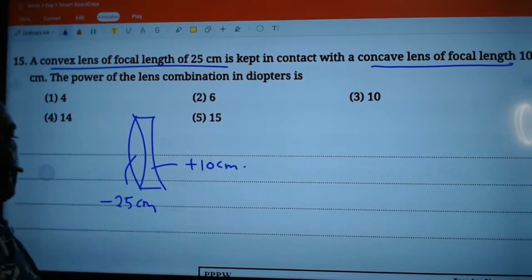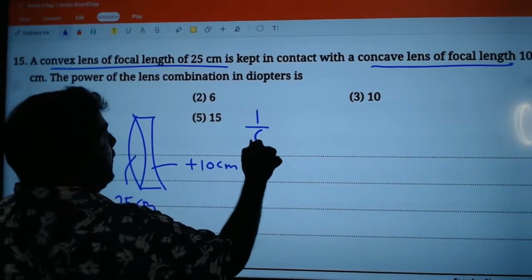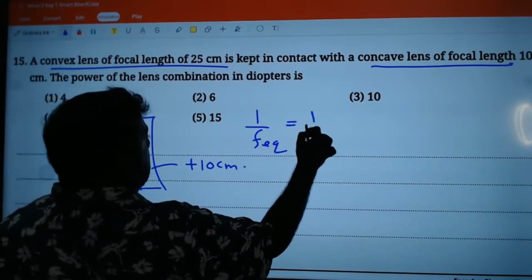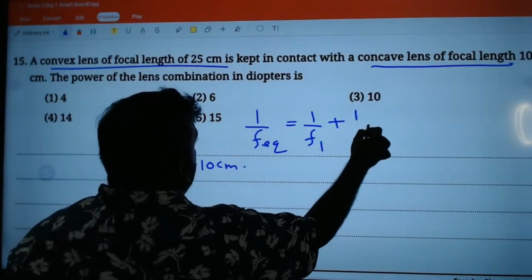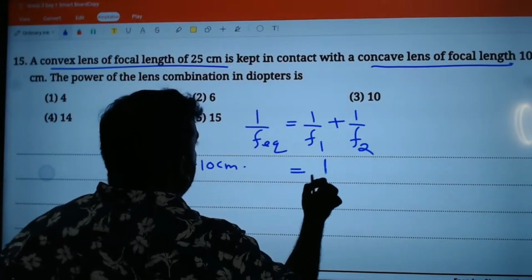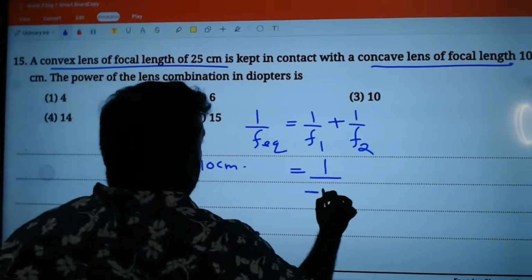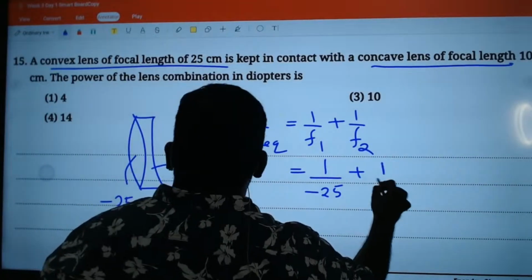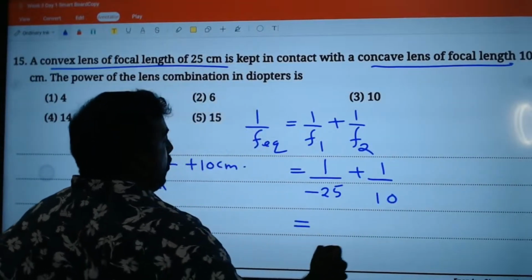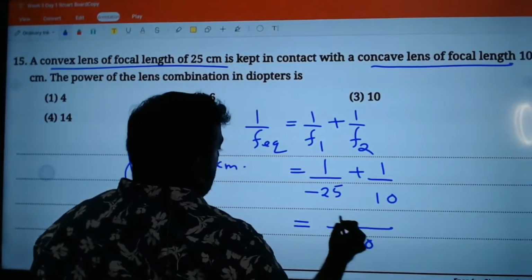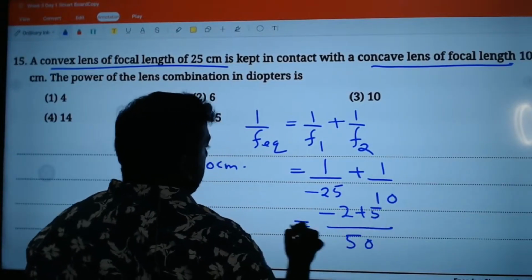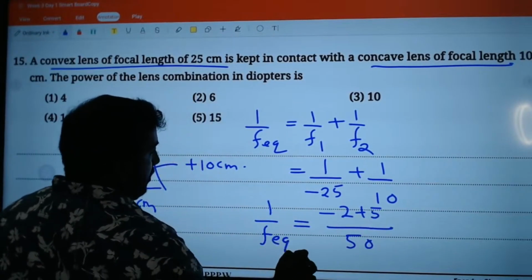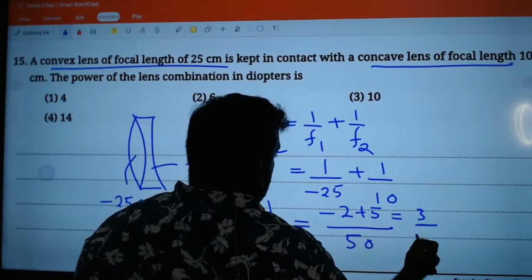Find the power of the lens combination. First find the focal length: 1 over equivalent is 1 over focal length of convex plus 1 over focal length of concave. Common denominator is going to be 50: minus 2 plus 5. Equivalent focal is 3 over 50.